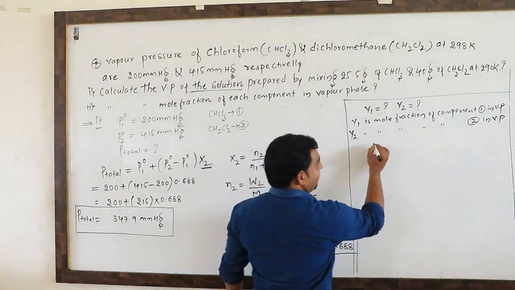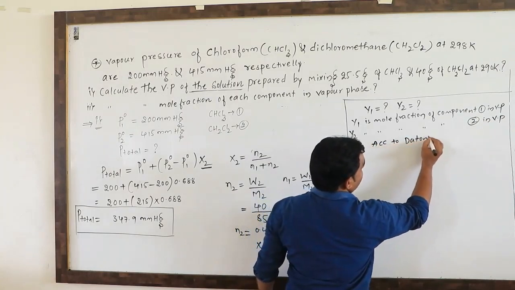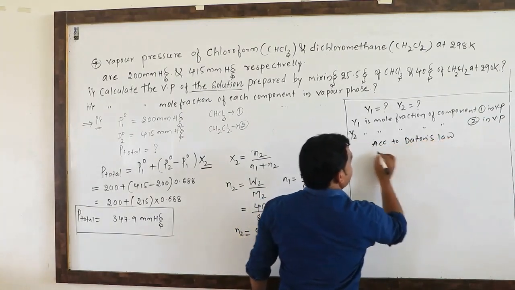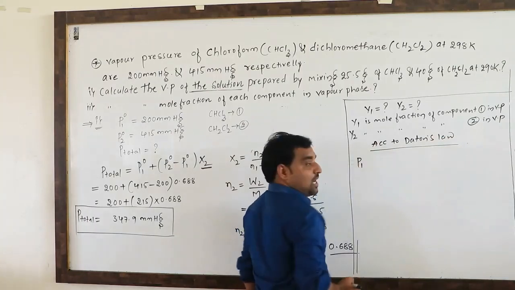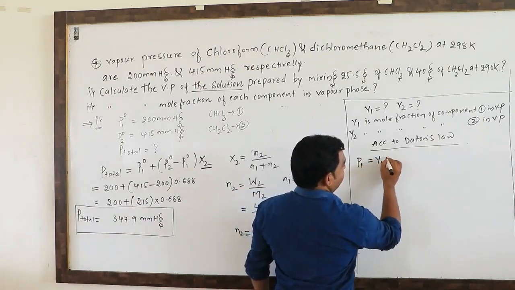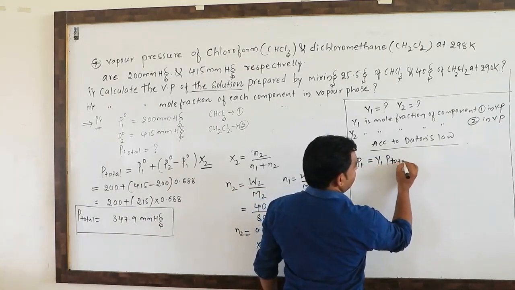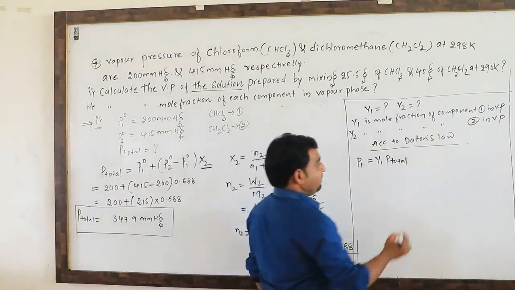According to Dalton's law of partial pressure, the formula is: P1, the partial vapor pressure, is equal to Y1 into P total. This is the formula to calculate the mole fraction in vapor phase.